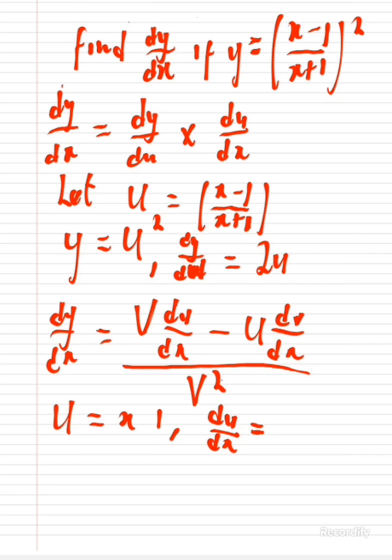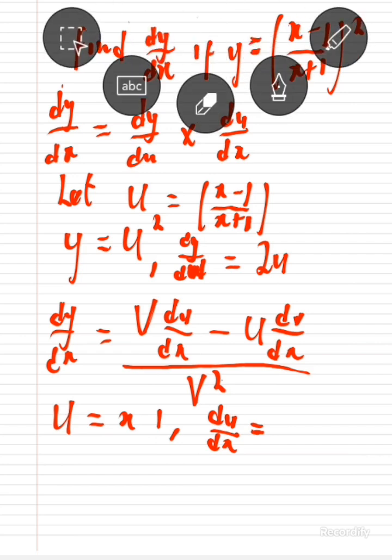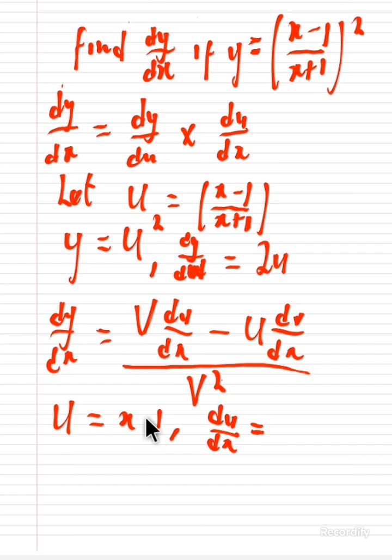That's the upper part of the fraction, so I'm having negative 1. So if we differentiate negative 1, which is a constant with respect to x, we are going to have 0. So du/dx is equals to 1.